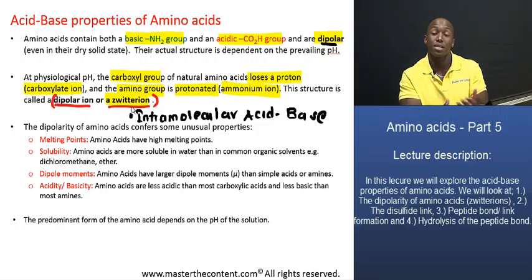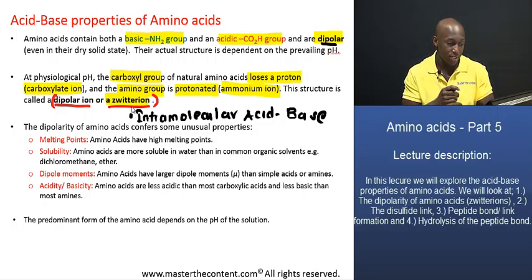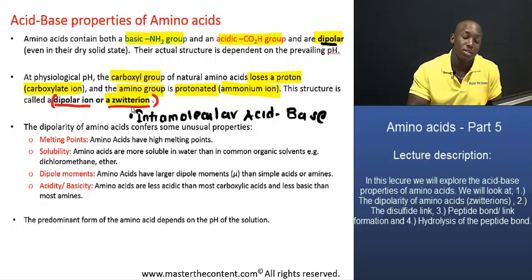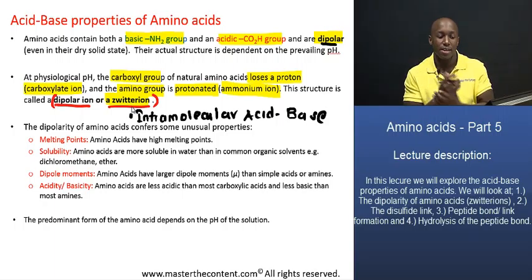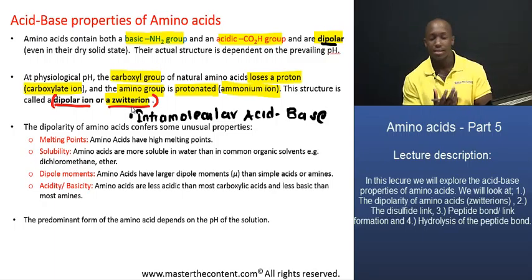So zwitterions are sometimes called inner salts for that reason. And unlike simple amphoteric compounds that might only form either the cationic or the anionic species depending on external conditions, zwitterions simultaneously have both positive and negative states. They have both positive and negative states. So remember what an amphoteric substance is. An amphoteric substance is one that has both basic and acidic properties.